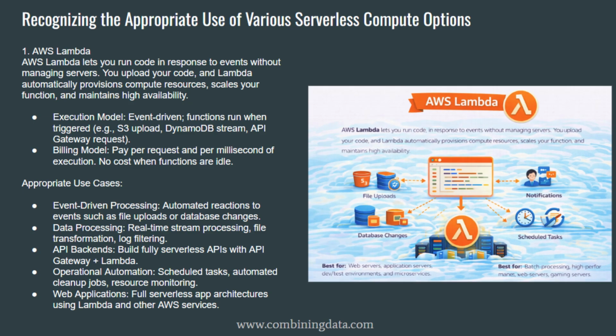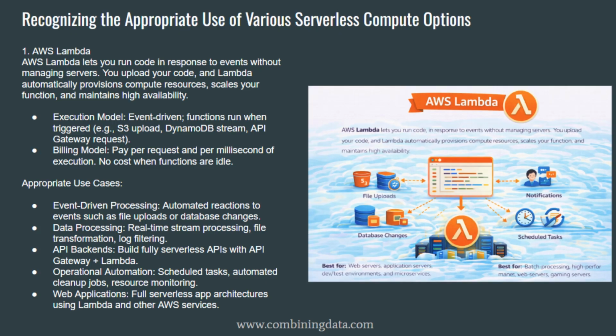Before we talk about specific services, let's clarify what serverless compute means in AWS. Serverless does not mean there are no servers. It means you don't manage them. With serverless compute, AWS takes full responsibility for provisioning servers, scaling capacity, maintaining availability, and handling infrastructure failures.